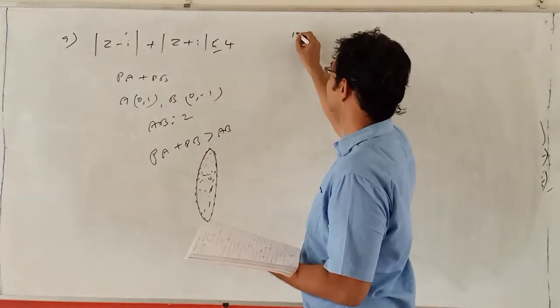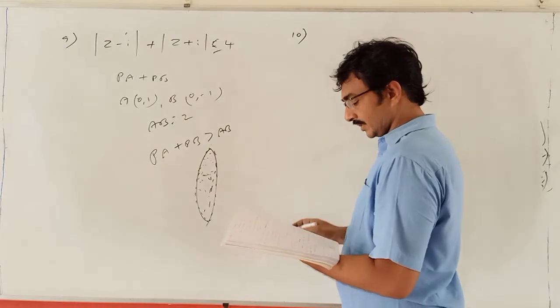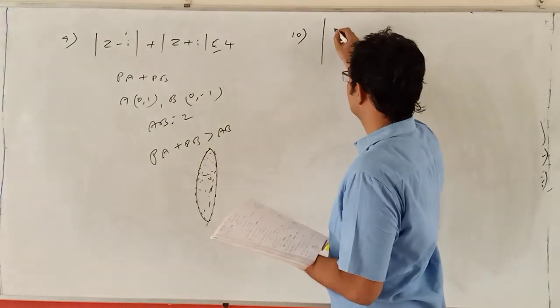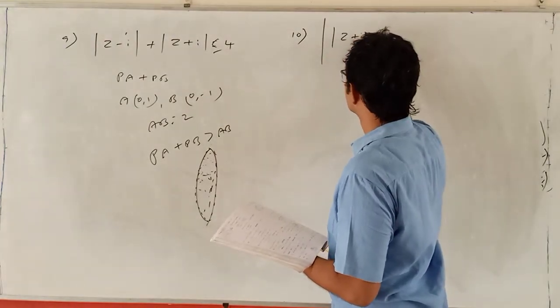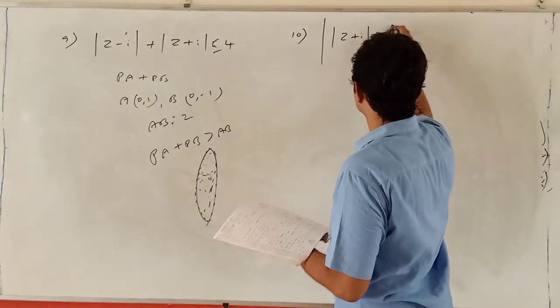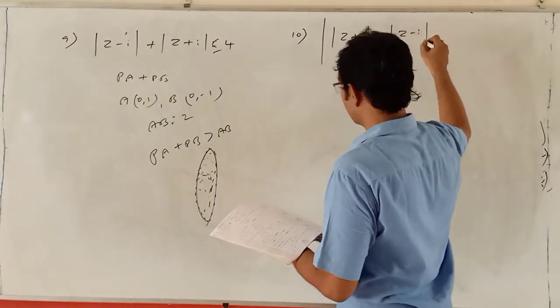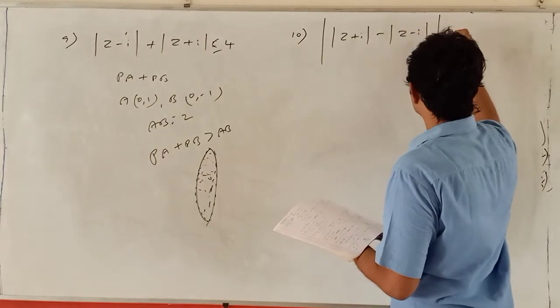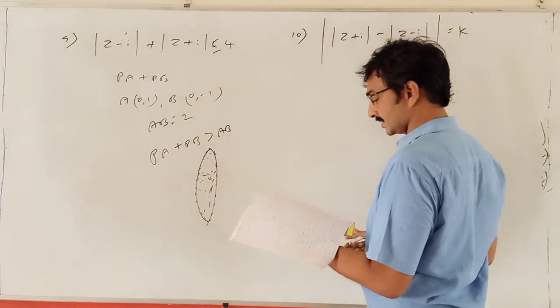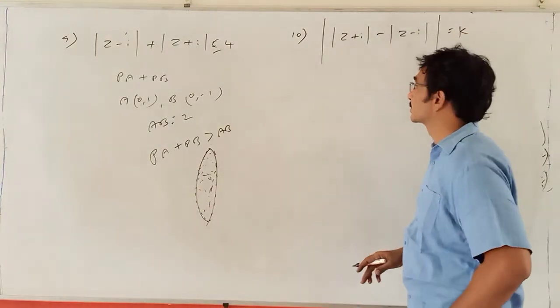Next, the 10th one. Modulus of z plus i minus z minus i equals k represents a hyperbola, then k belongs to what?